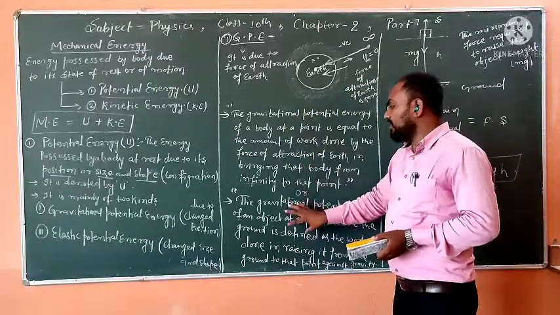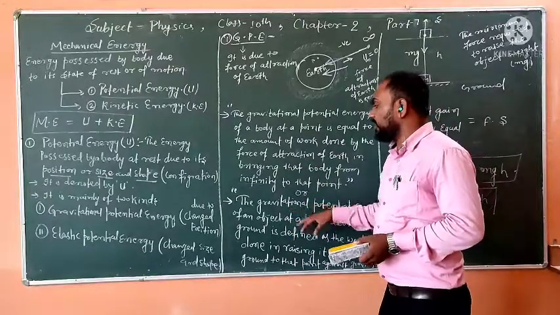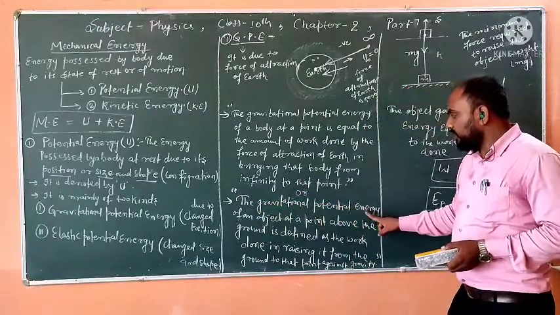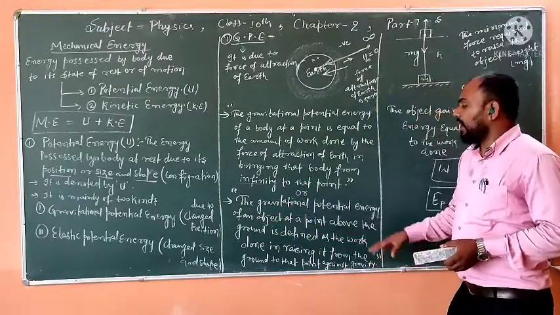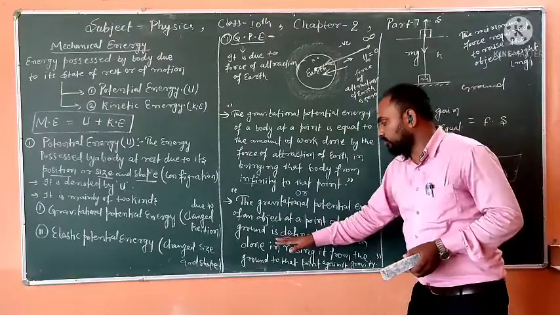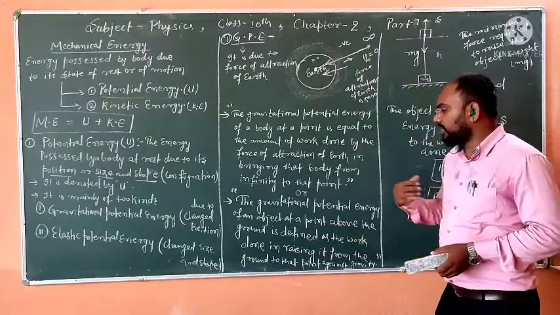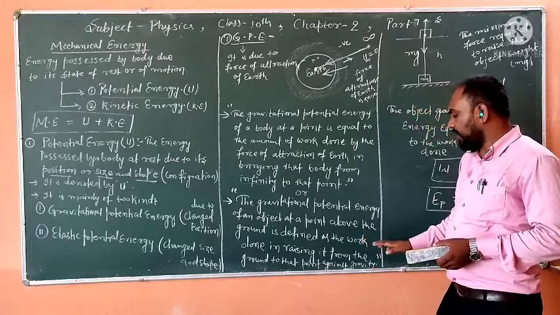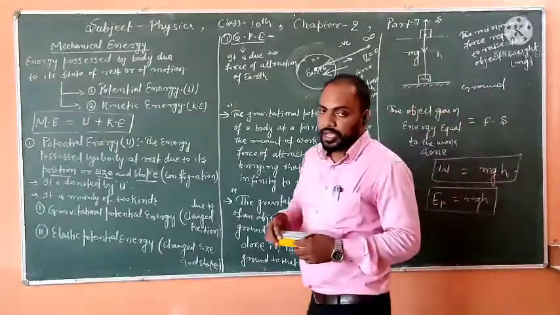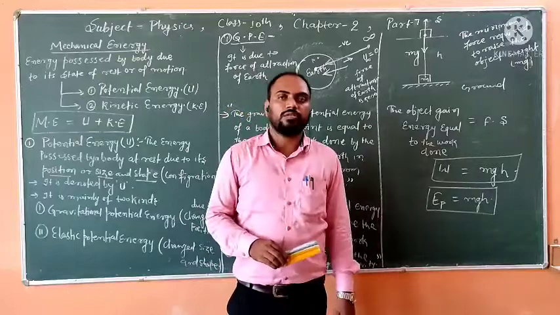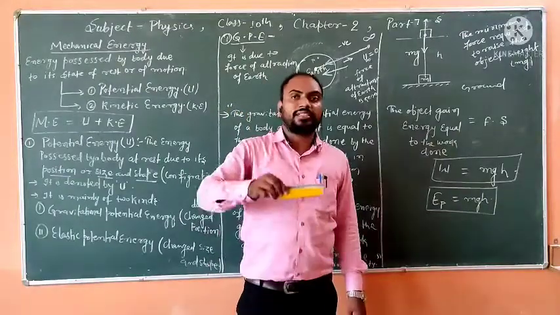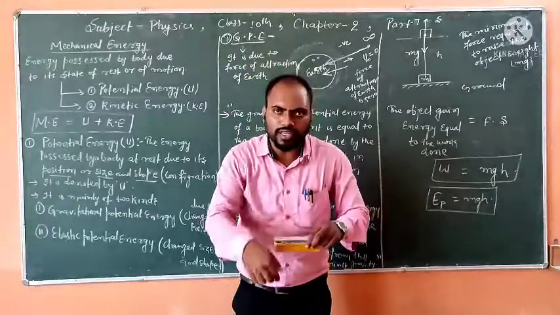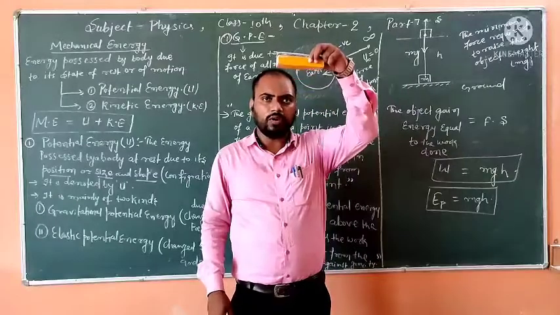This definition is another one that will be easy to understand. The gravitational potential energy of an object at a point above the ground is defined as the work done in raising it from the ground to that point against gravity. For example, if this duster is on the ground and I raise it to some height, I am working to bring it up.